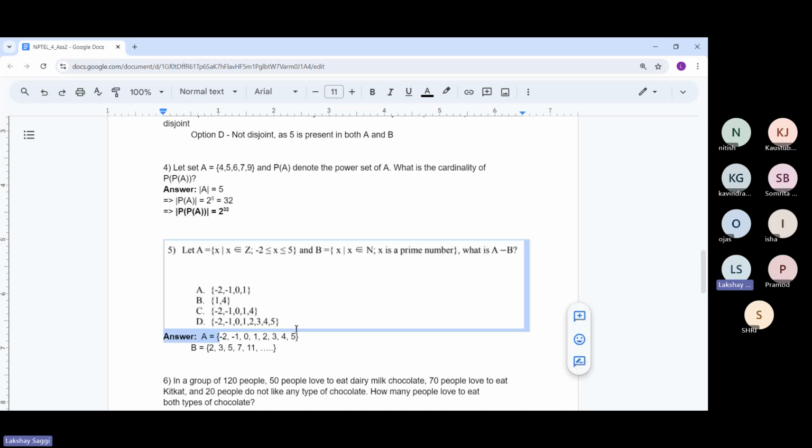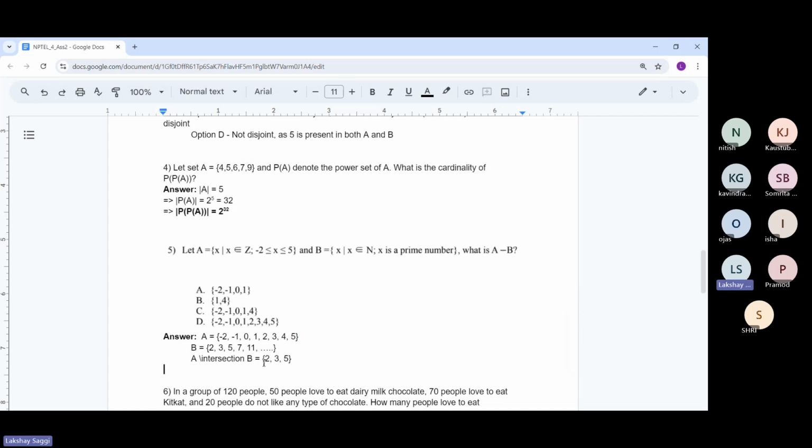So if I have to find A intersection B, it is nothing but 2, 3, and 5. B has 7 and beyond, but there is no element 7 or greater here. So just these three elements, 2, 3, and 5, are common. And how do we define the set difference operation? It is defined as A minus A intersection.